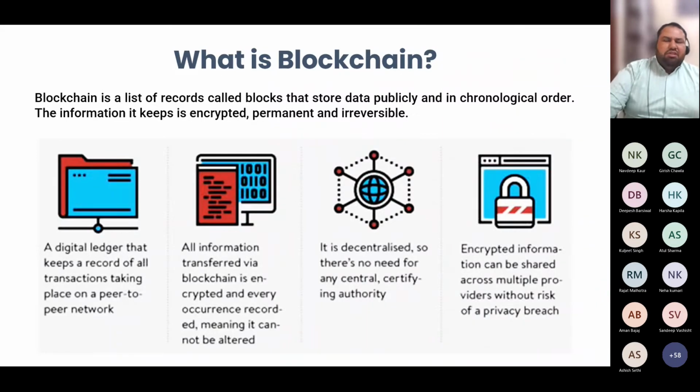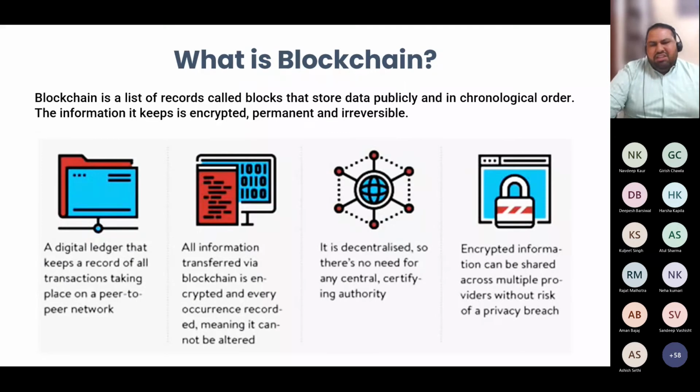The information which is stored in the blockchain is encrypted, permanent, and irreversible. Like the picture depicts, a blockchain is a digital ledger which keeps a record of all transactions placed on a peer-to-peer network, which means we have a network of different peers located at different locations who are connected with each other, and each of the nodes connected to this network has their own public ledger, which can contain all the data that has been transmitted across the network.